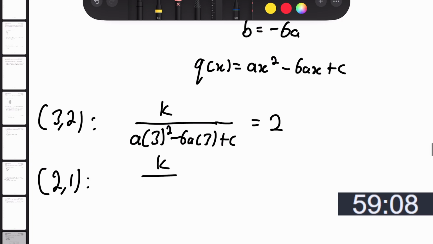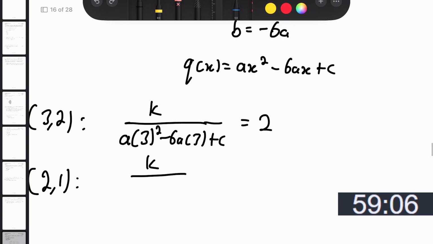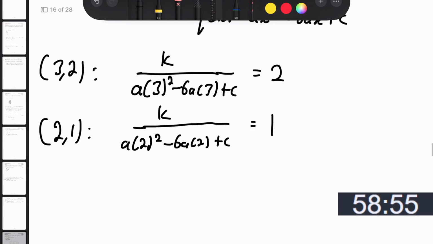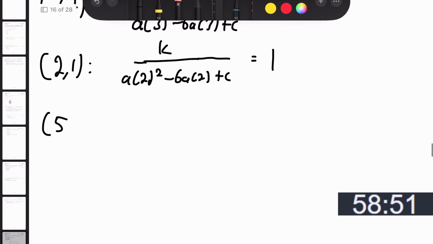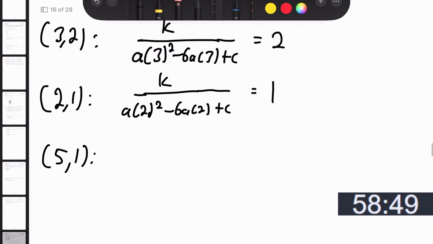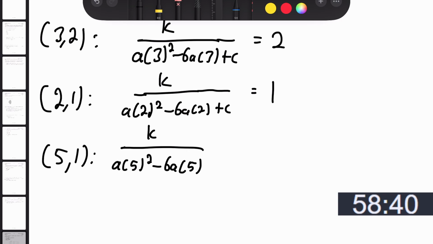So I'll say that k over a times 2 squared minus 6a times 2 plus c is equal to 1. And then I also have that for 5, 1. And since I have 3 unknowns and 3 equations, I can now solve this simultaneously. 6a times 5 plus c is equal to 1.